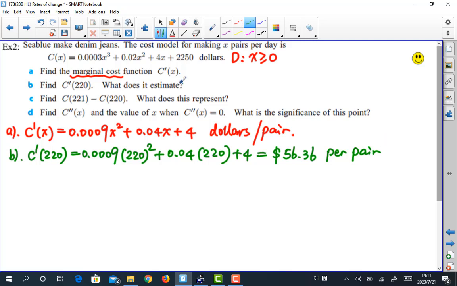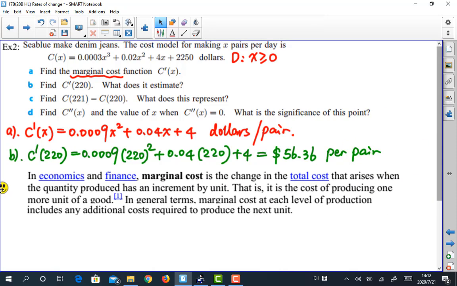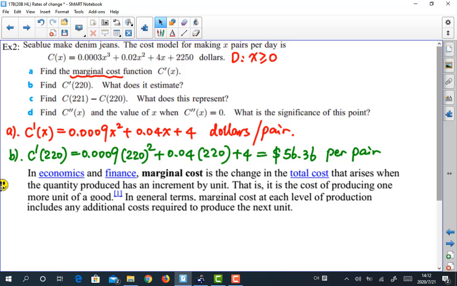What does this one estimate? So right now, let's look at what is the marginal cost. In economics and finance, marginal cost is the change in the total cost that arises when the quantity produced has an increment by unit, one increment by unit. That is, it is the cost of producing one more unit of a good.